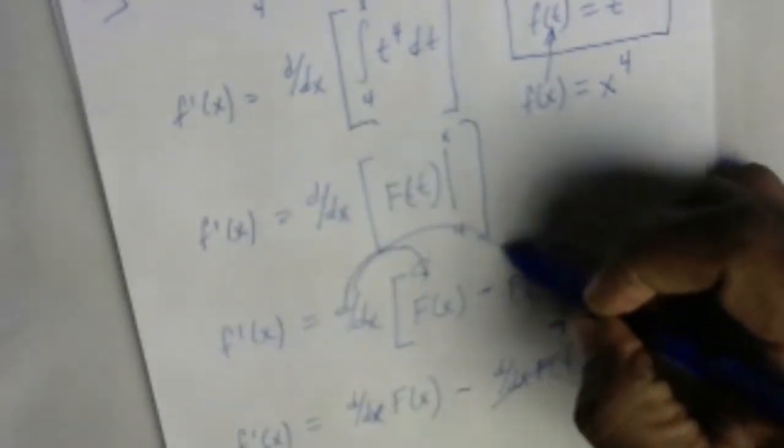I substituted the integral symbol for the capital F. I still have my limits. These two quantities are exactly the same, they're just written in a different form. Then I used the fundamental theorem of calculus part 2. I evaluated the integrated function at the upper limit minus the integrated function at the lower limit. Then we distributed the derivative.